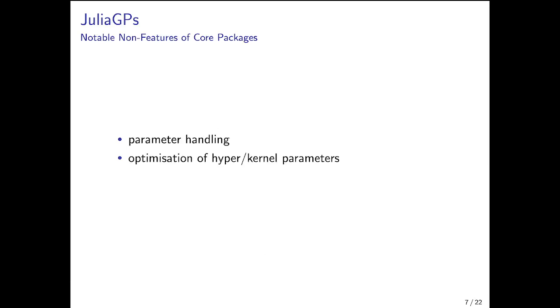So in terms of the first objective, it's worth saying right off the bat what our core packages that I'm about to tell you about do not do. They don't do things like parameter handling. They don't let you build a model and then say optimize this model and change all the parameters in it in a mutating way or anything like that.